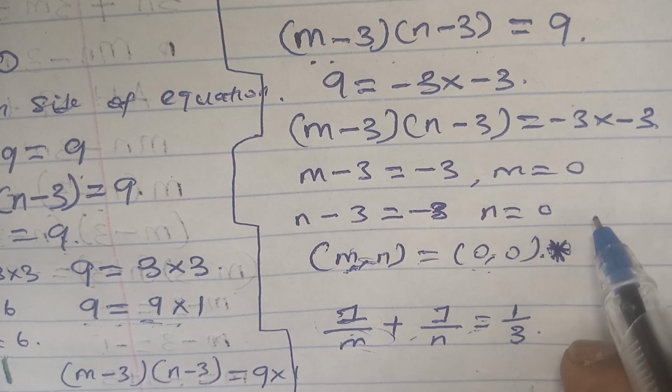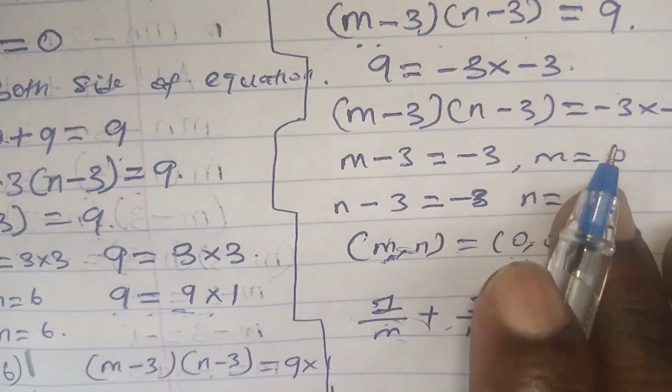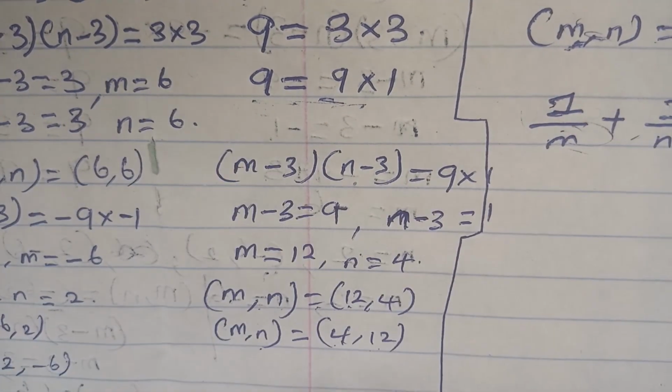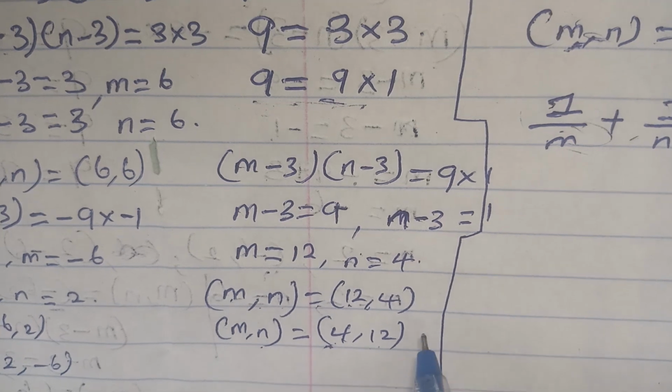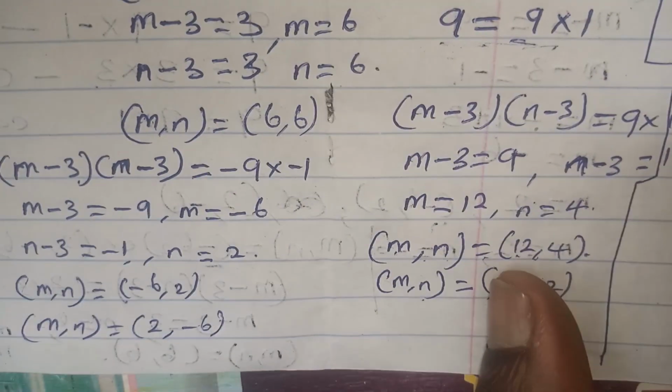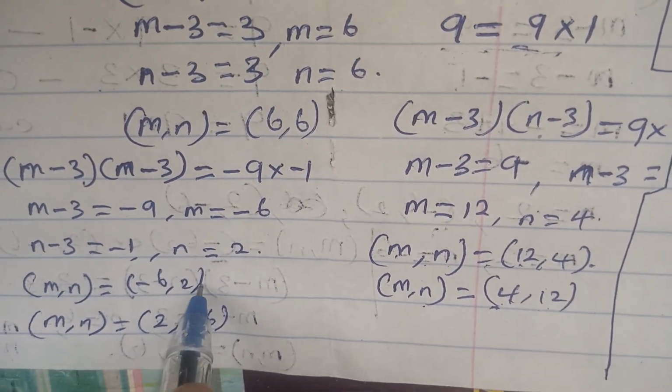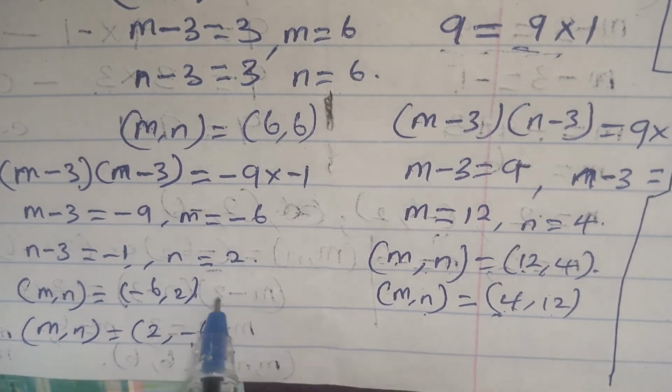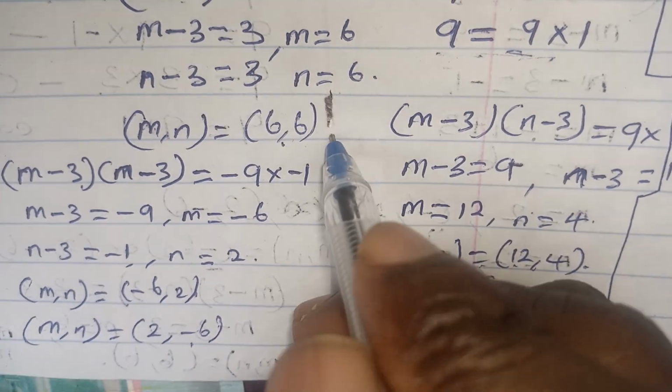We are not going to accept this value, but we are going to accept all the others. So these are all the possible values.